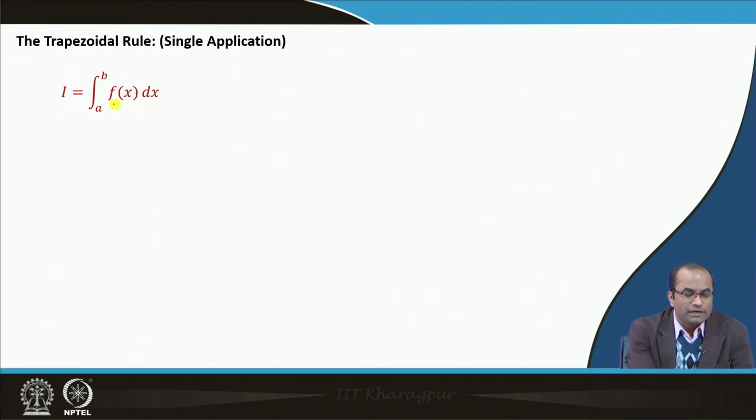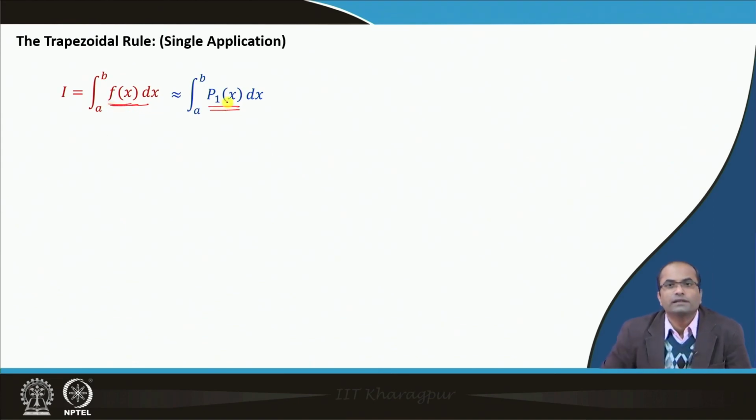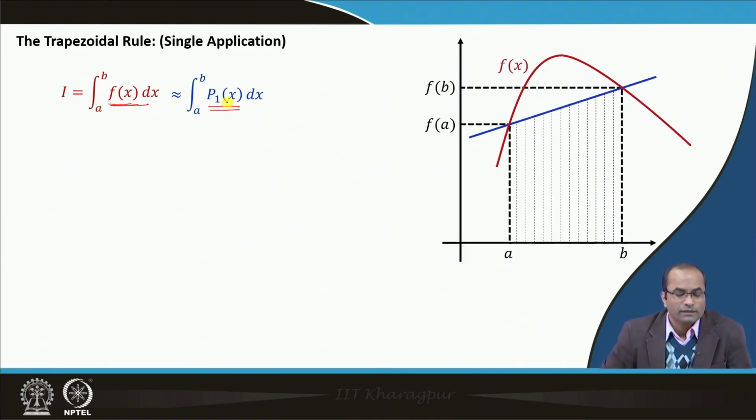In this trapezoidal rule, f x will be approximated by a polynomial of degree 1, and this is the situation. For instance, we have the function f x given and these endpoints a and b. Between these endpoints we will be approximating that function by this straight line, a polynomial of degree 1.